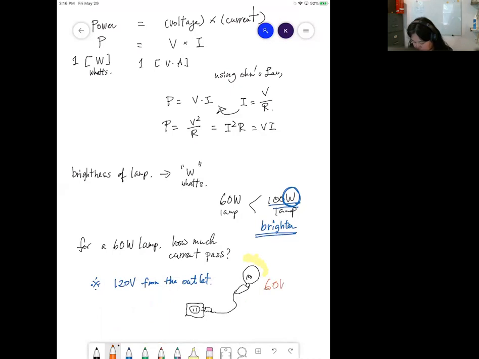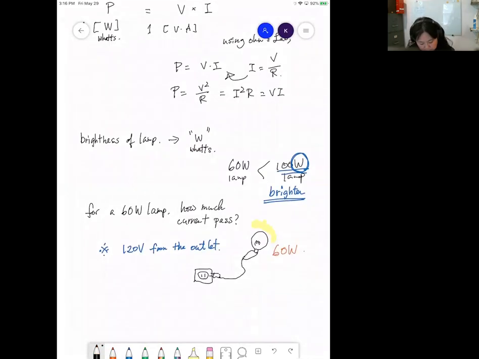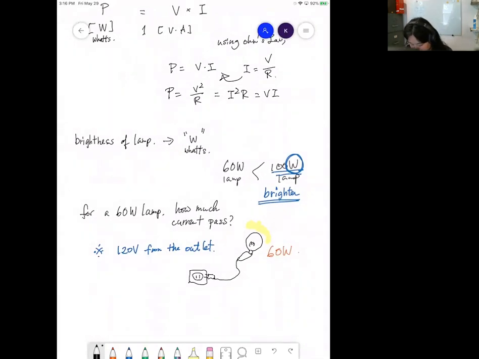It's a 60 watt lamp. So how much current does it pass, connecting to the 120 volts here?